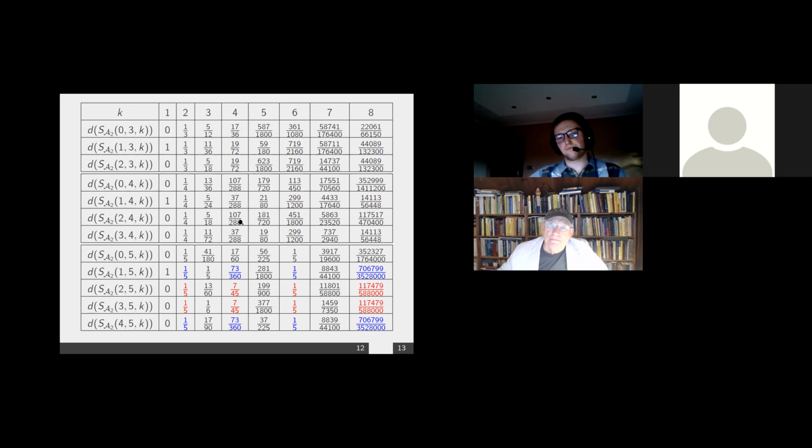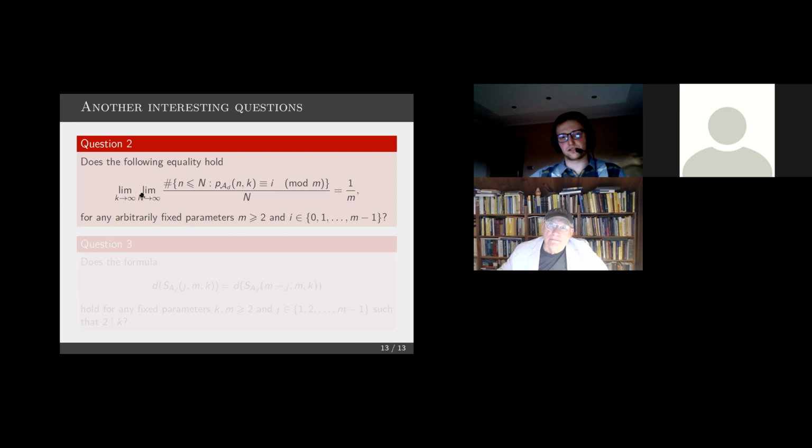So we may state another two questions. Does the following equality hold? That is, the limit as k goes to infinity of the density of the set of those positive integers n for which p_A(n, k) is equal to i modulo m is equal to 1 over m, for m greater or equal than 2, and i from 0 up to m minus 1.